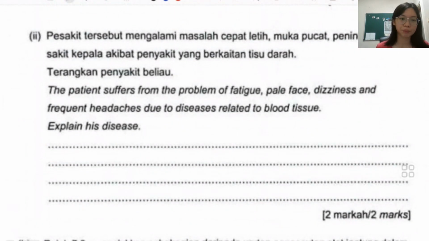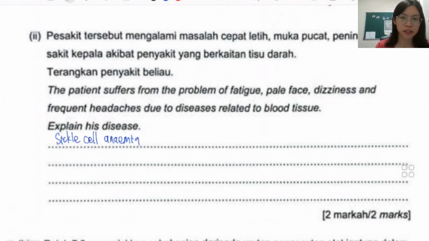So how are you going to explain? First of all, you can mention what he is experiencing. He has this sickle cell anemia. What are the characteristics? You can say that the red blood cells are crescent shaped, and the hemoglobin is abnormal.